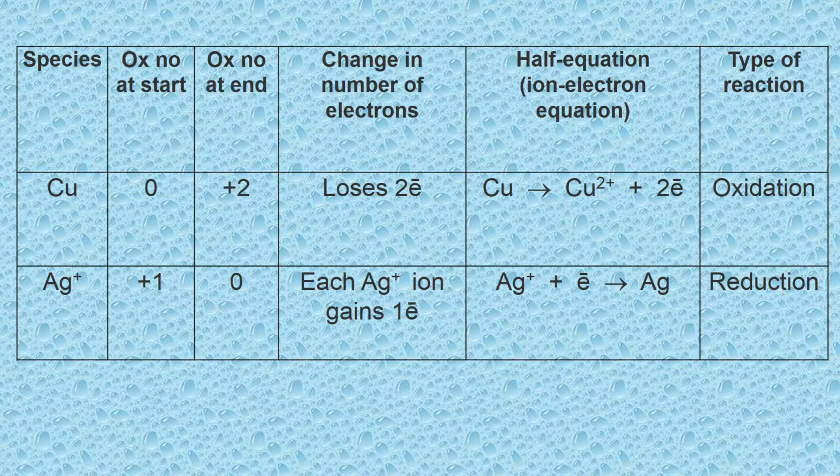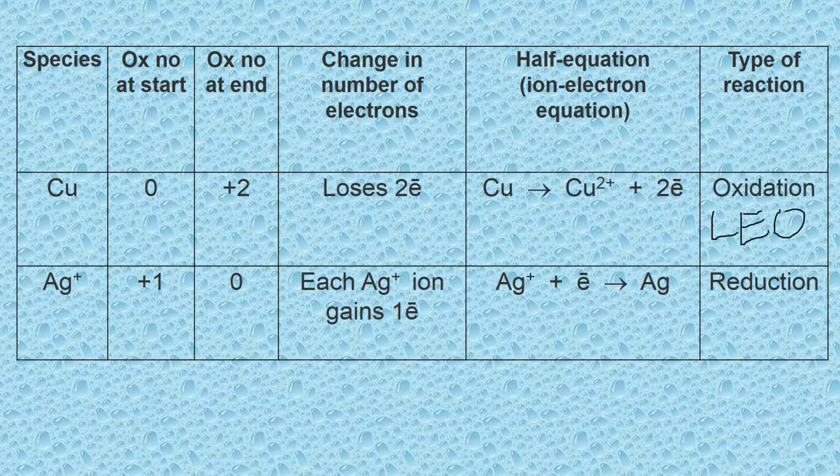At the end of the chemical reaction, copper formed copper 2 plus ions, so the oxidation number is plus 2 because for a simple ion, its charge is the same as its oxidation number. So it's gone from being 0 to plus 2. How did this happen? It lost 2 electrons. So we show that in the half equation, and the loss of electrons is oxidation, so this chemical has been oxidized.